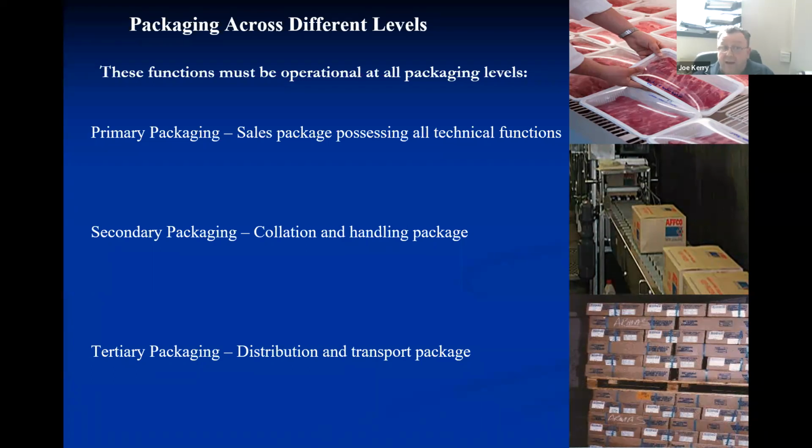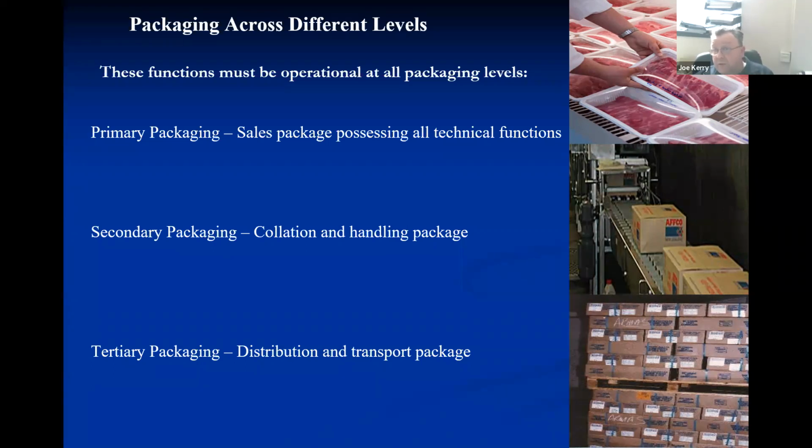And of course, again, secondary packs, unless you're a really small producer, essentially will go to another level, where you are now going to place a number of these secondary packs on a pallet, and that would be called transport packaging, and that is for, again, distribution and transport of the product from the point of manufacture through to various different storage depots all the way through to your retailer.